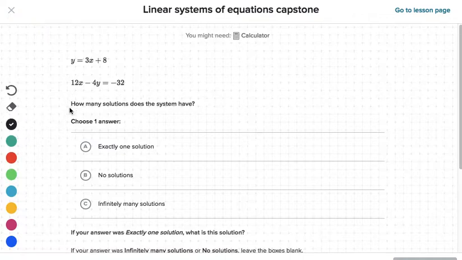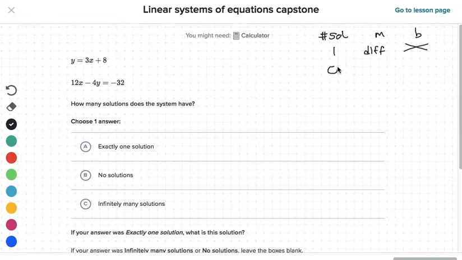To find out how many solutions a system of equations has, you need to examine both of the equations and find their slope and their y-intercept. Recall that the number of solutions is given by the slope and the y-intercept. You have one solution if the slopes are different, and the y-intercept doesn't matter.